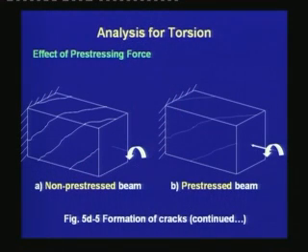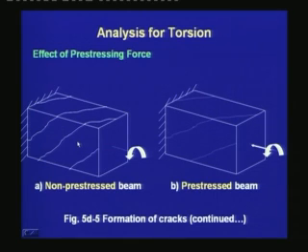If we compare the formation of cracks for a reinforced concrete section and a prestressed concrete section, we shall observe that for a reinforced concrete section, the cracks first form at the mid depth of the long side, then we observe cracks at the mid depth of the shorter side. As the torque is increased, the cracks get connected and they form spiral cracks circulating the periphery of the beam.